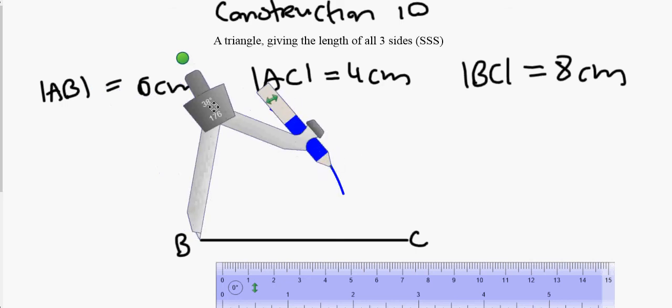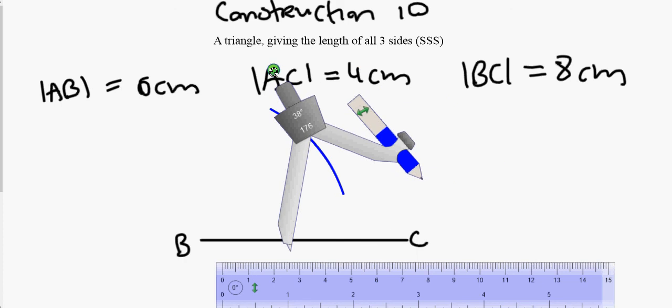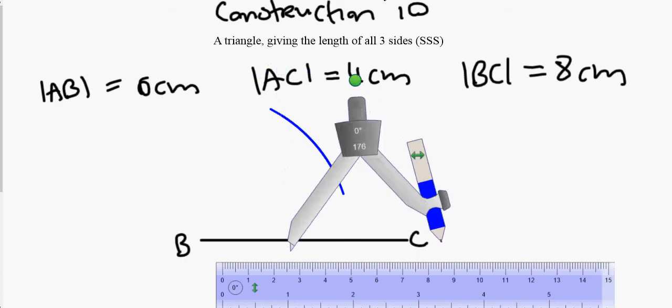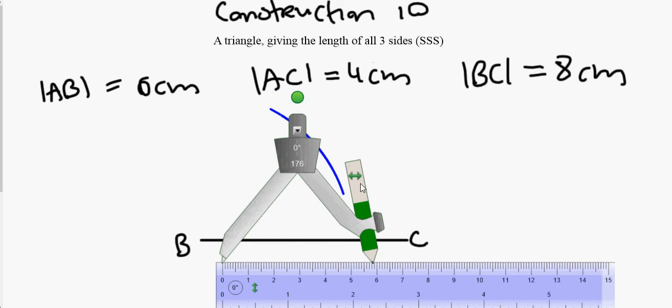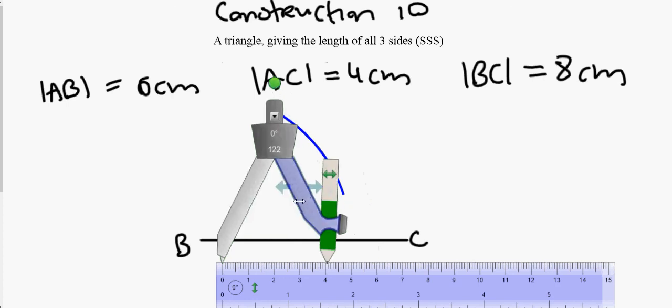So we're going to go back down to our line. We're just going to get a different color now for this one. Go green. And in the test you're going to be using all the same color. Now this one here is the 4 centimeter one, so we're just going to reduce it down to 4 centimeters, if we can.